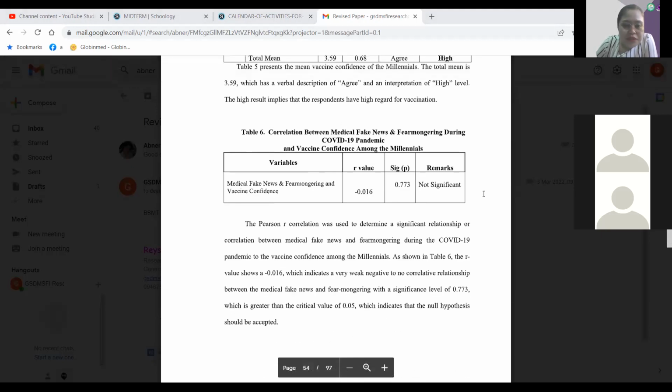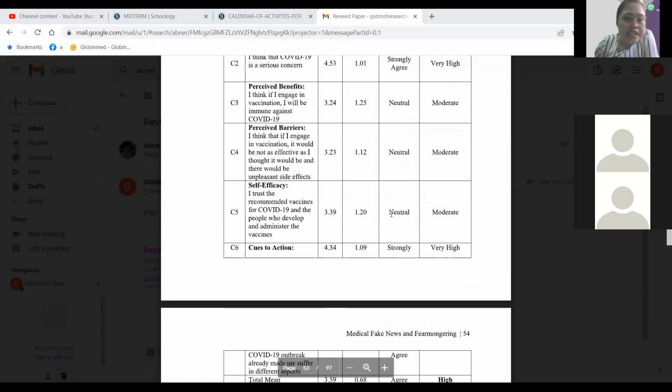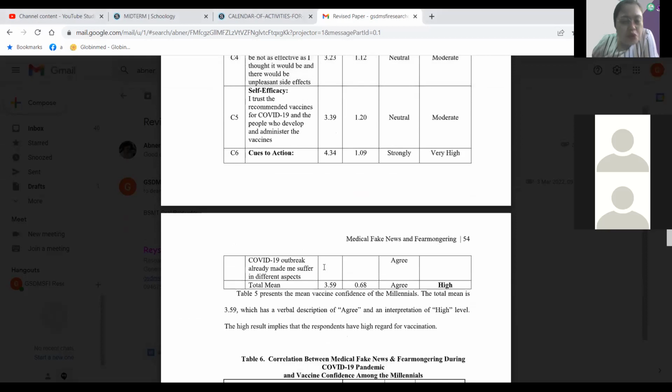Okay? Pearson R pala ito kasi relationship pa lang hinahanap dito. So, hindi ito t-test. Kasi ito, di ba yung last question nila, is there a significant relationship between medical fake news and fear-mongering and the level of vaccine confidence of the millennials? So, since relationship, though they are using Likert scale and supposedly Likert scale is ordinal data, but since we are getting the mean and yung mean yung kinukuhanan natin ng relationship, you can use the parametric test here.